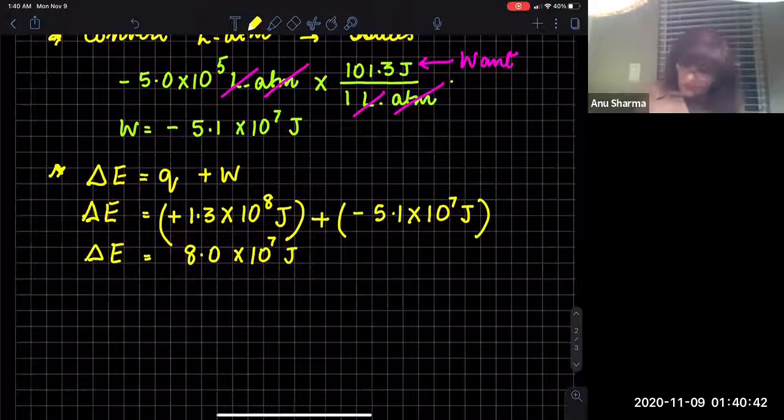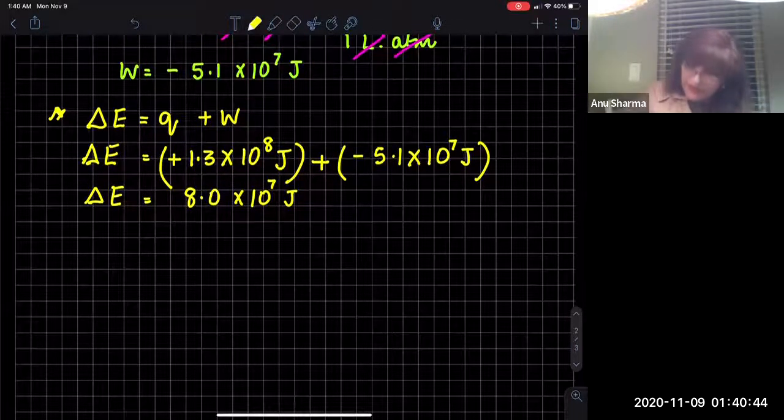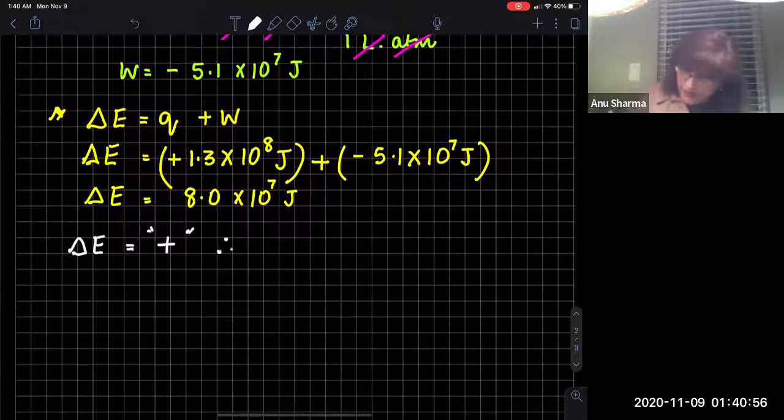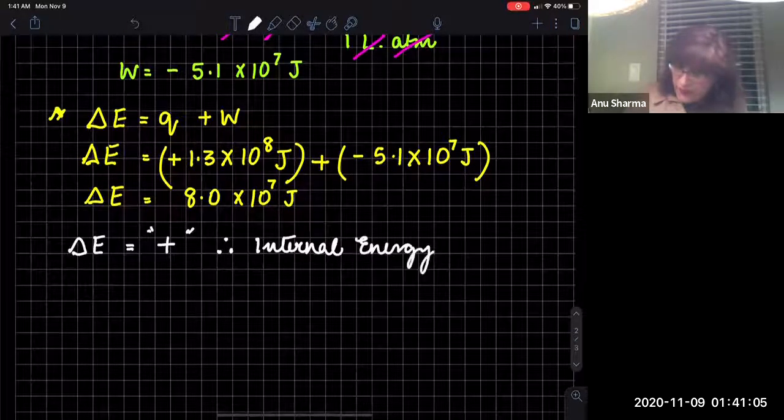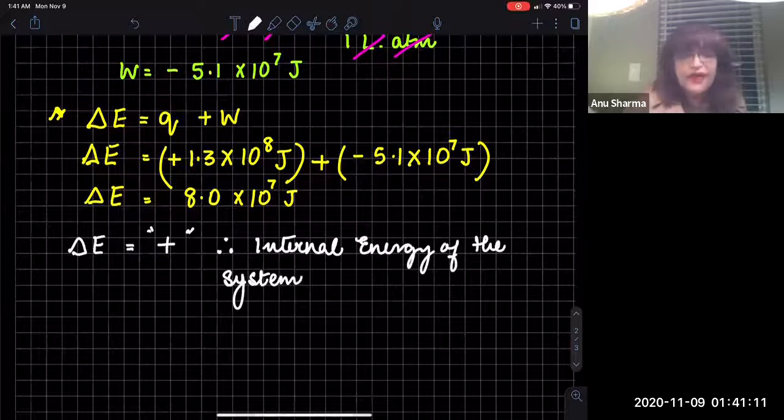Now here's something you have to understand, the last and final step. Because the value of delta E comes out to be positive, the internal energy of the system increases. The system in this case is that balloon, the gas.